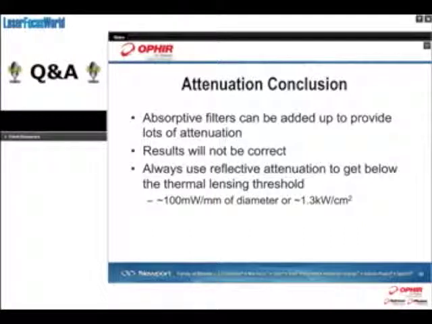Which probably is still above the thermal lensing threshold, so you probably want to put another one in. So we put a second one in, and that would take it down to about 16 milliwatts, which would probably be okay. And then from there, you could probably use absorptive filters to finish the job. So that would be one way to do it.